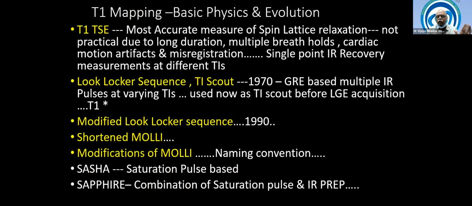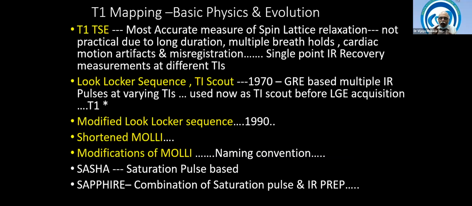So what is the best form of relaxivity assessment? It is one spin echo without any adulteration, normal spin echo. It cannot be done because of lots of breath holds and movement artifact, like motion artifact. So what are you going to do? Do faster acquisition. You have to get the information from the relaxivity very fast. What are you going to do?